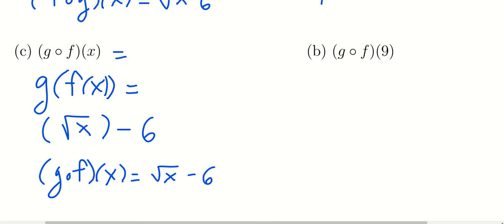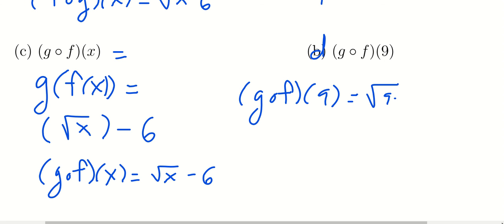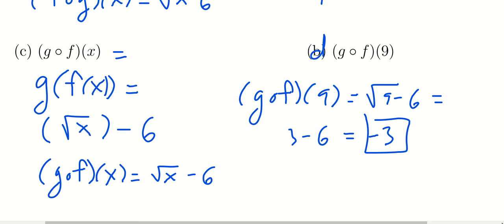We can use this for part D. G composed with f of 9. This is going to be equal to the square root of 9 minus 6. That's going to be 3 minus 6, which is equal to negative 3. So g composed with f of 9, we get the output negative 3.